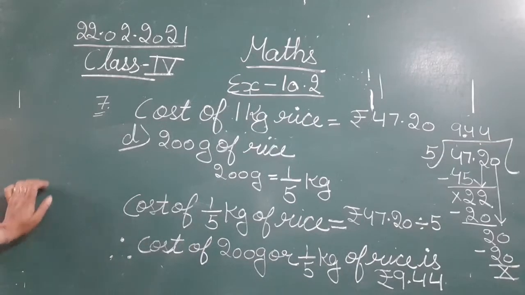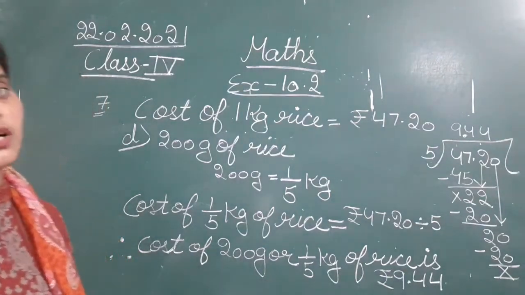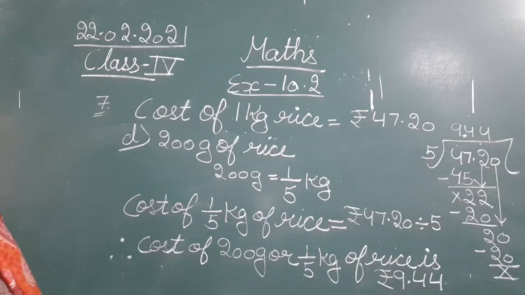Okay. So cost of 1 kg हमारे पास दी हुई थी. While taking the base of that, we have calculated the cost of 200 gram of rice, that is 9 rupees and 44 paise. Okay. चलिए, moving next to the E part.